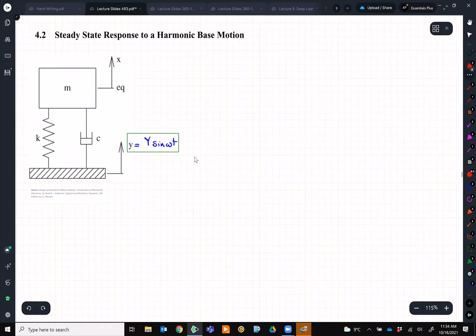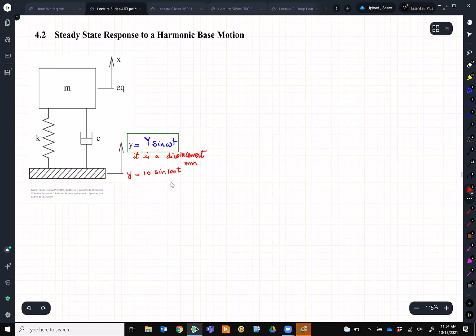When I have, let's say, y equal to 10 sine 100t millimeters, it means this base moves up and down with an amplitude of 10 millimeters and a frequency of 100 hertz, meaning every second, that is how many times it repeats. So keep in mind, this is not a force, it is a displacement.